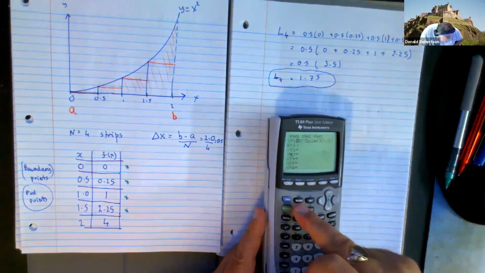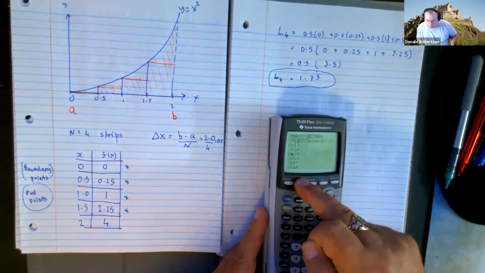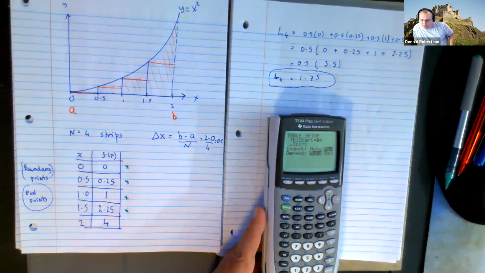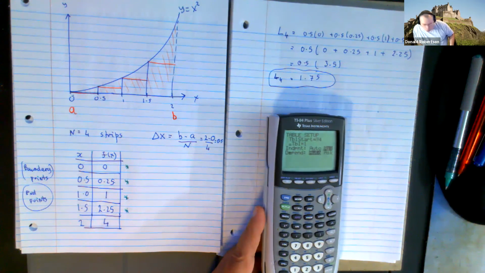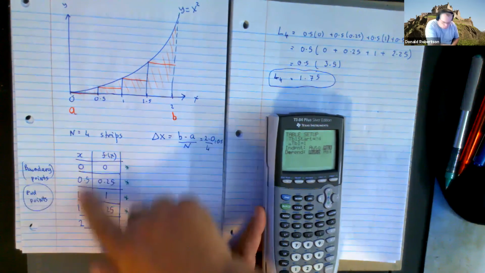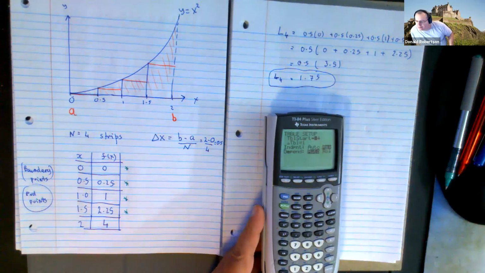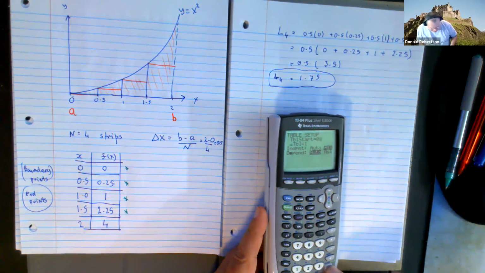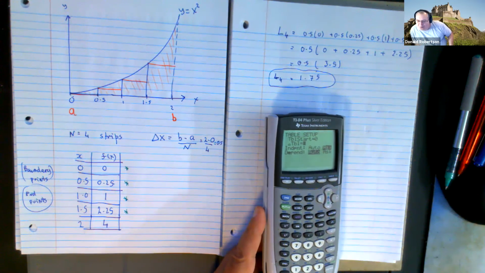So you go second, table setup. Now, it has as the first thing table start. What number do you think, on this question here, should be table start? Yeah, Matthew's doing a big circle, it's a 0. Now, delta table.